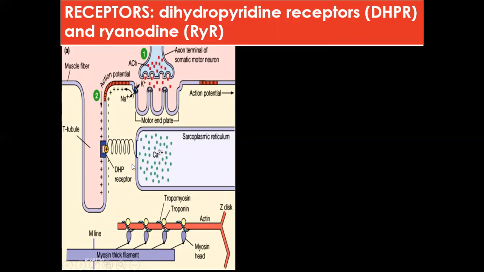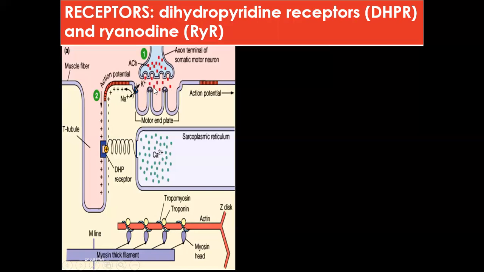So the story, you need to start from the motor neuron that will fire an action potential down the axon, stimulating the opening of calcium-gated ion channels that will bring about influx of calcium into the axon terminals of the somatic motor neuron. That calcium will bind to v-SNARE and t-SNARE, facilitating exocytosis of acetylcholine.